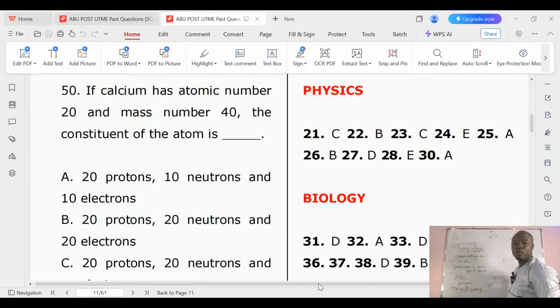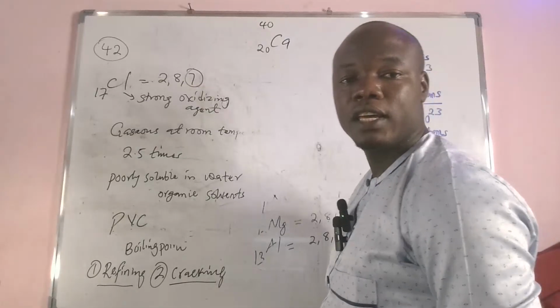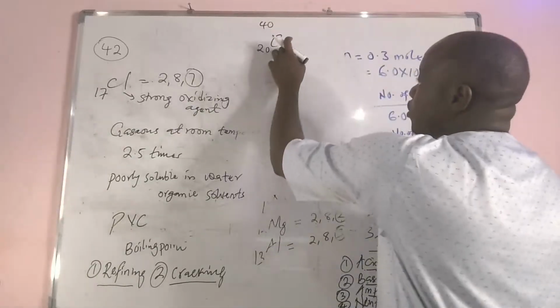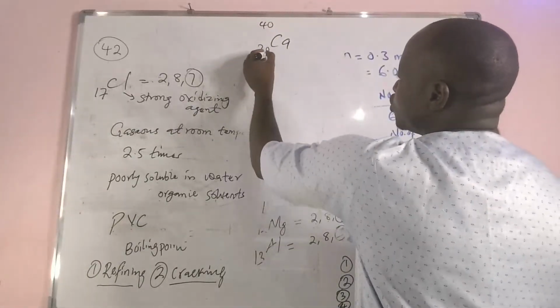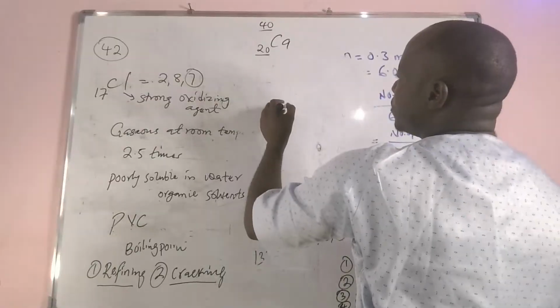The question is asking about the constituents of calcium. Of course this is the atomic number and this is the mass number.